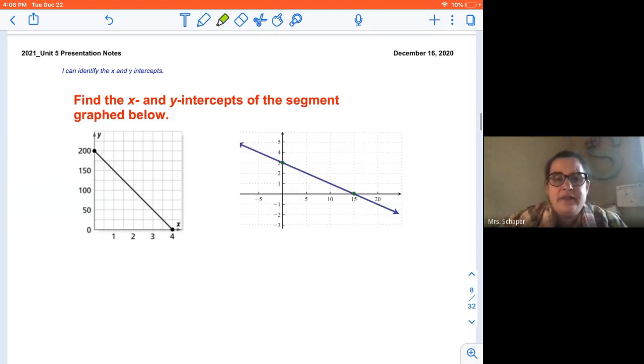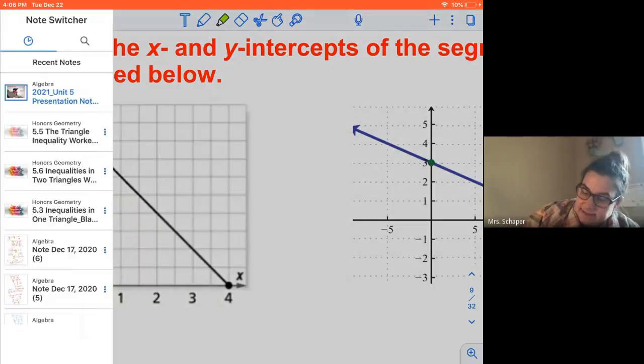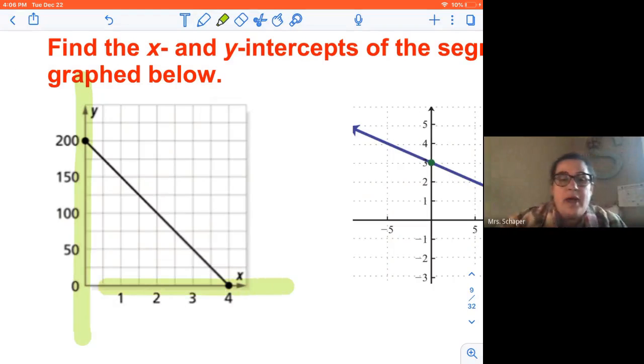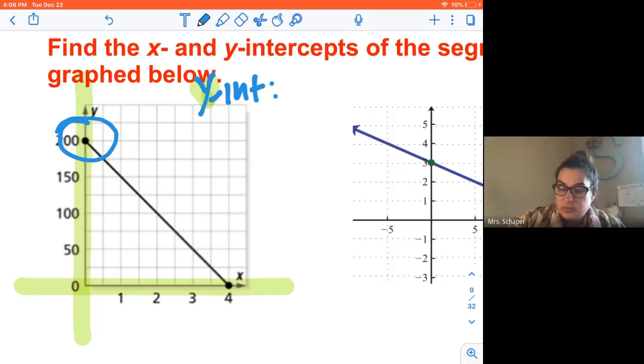When I'm looking at this graph, I can see that this is my y-axis. The horizontal axis is my x-axis, okay? So when I'm looking for the y-intercept, the y-intercept is where this line crosses the y-axis, which is right there at 200.